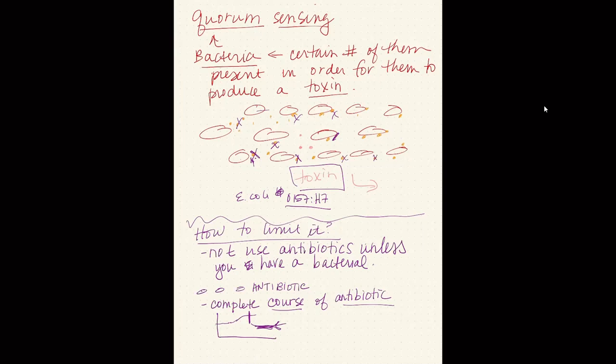You stop after you feel better, and there's a little bit left in there that haven't been killed, and they are resistant to the antibiotic because they didn't die right off the bat. And maybe another day or another couple doses would have killed the rest of them off or reduced them so that your body could get rid of them. But everybody stops early, and then these guys end up being resistant. So that can be a problem.